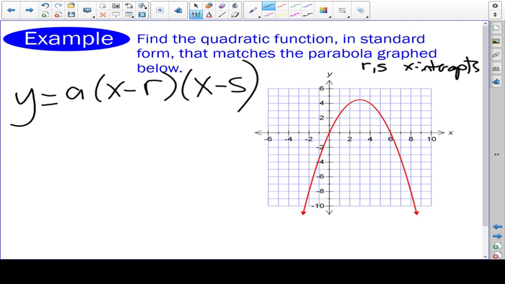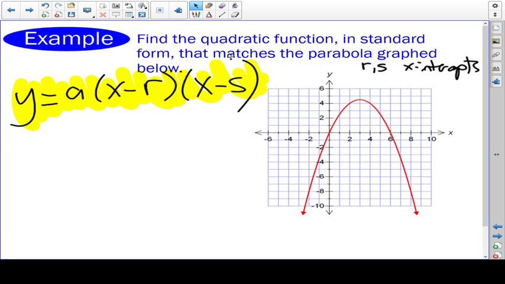And then we can use this equation as a template. This is a beautiful question because all we have to do is substitute in the zeros and any additional point, and we can figure out the equation of this quadratic. So what are the zeros or x-intercepts of the parabola?